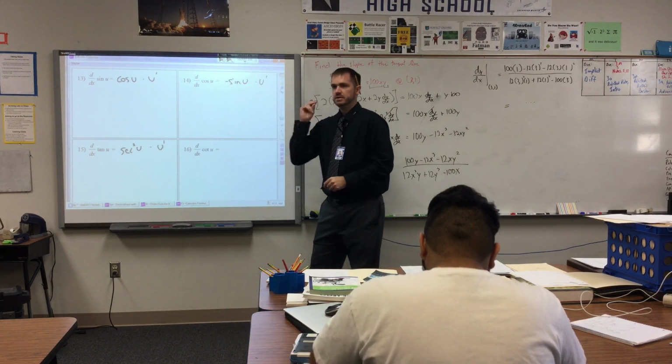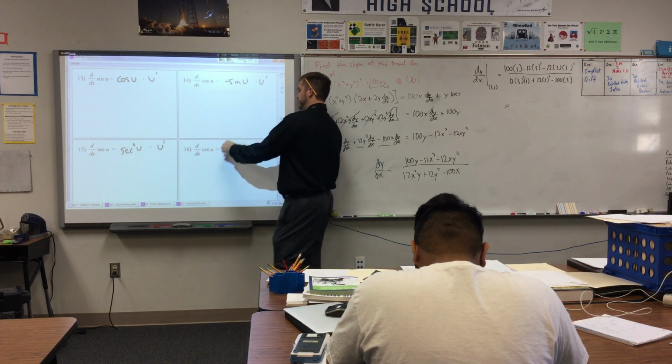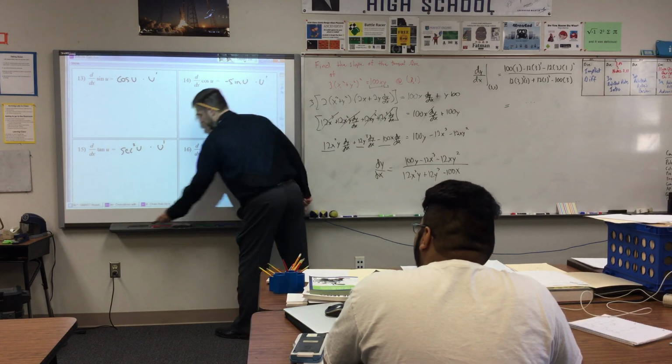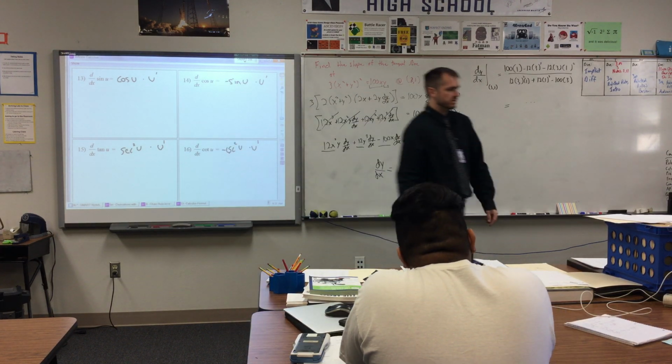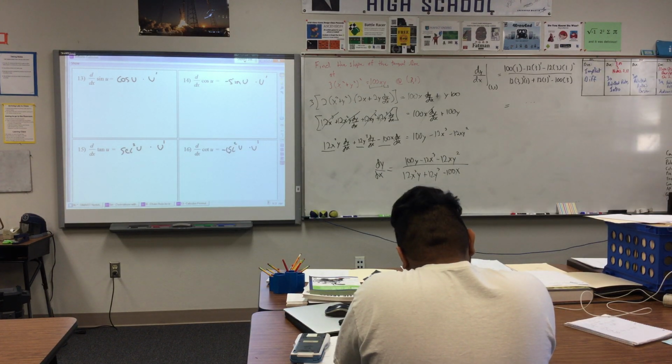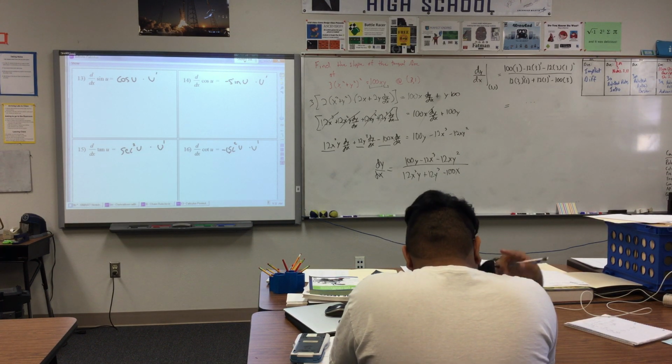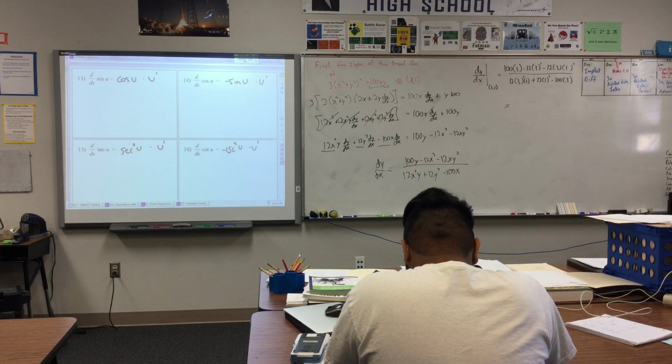Cotangent, it's co, so you know it's negative: negative cosecant squared u times u prime. So the whole idea of this memorization is so that we can do our problems quickly and we're not waiting around digging them up in our notes.